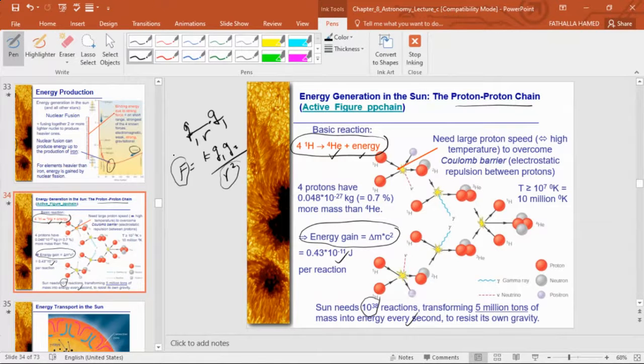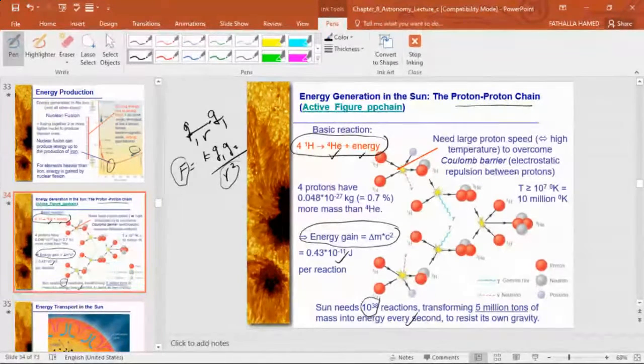That's why, when you have these 2 positive charges and you try to bring them together, you know the size of the nucleus is on the order of 10 raised to the power minus 15. It's a very small distance. So you need a large force to do that, and that's why we need these high temperatures. And that's what we call the Coulomb barrier.